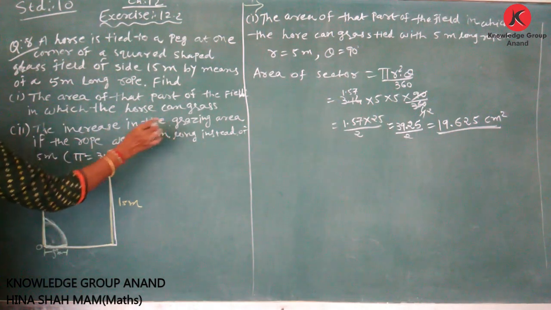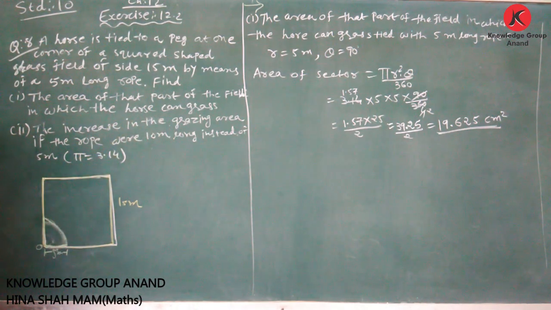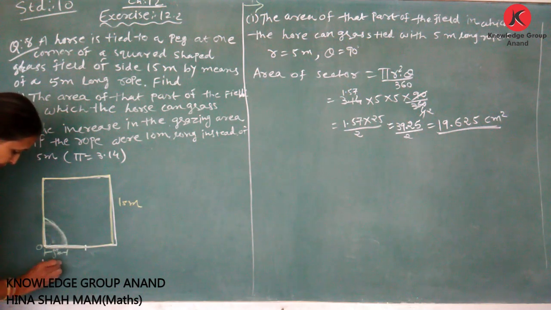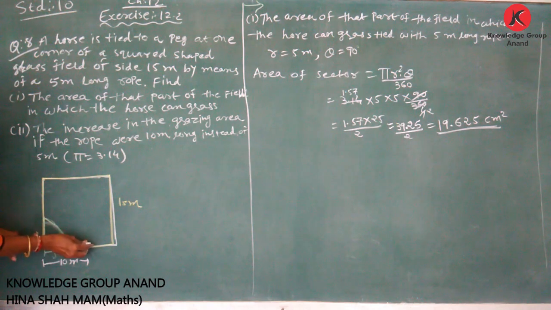Now, the increase in the grazing area if the rope were 10 meter long. Here, the rope is 5 meter. Suppose the rope is 10 meter long. Then what is its increase in area? Its increase area is like this.